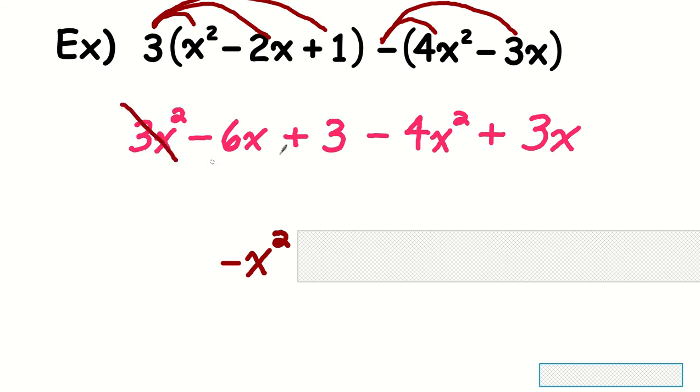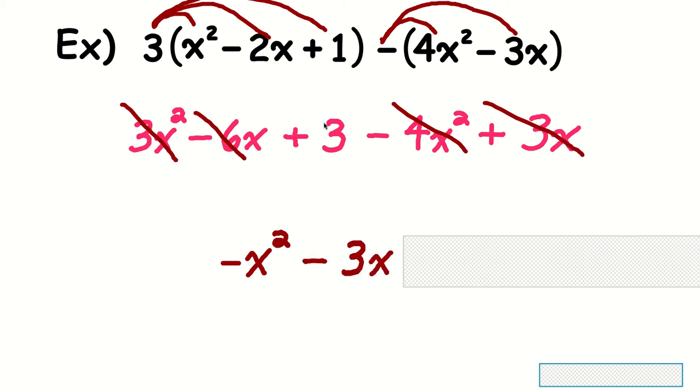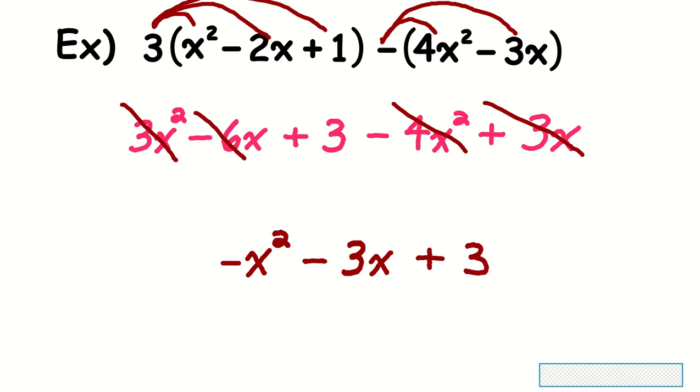Now again, at least mentally, you have to keep in mind what you've already taken care of. So how about this term? Will this combine with anything? This -6x, it's not just 6x, it's -6x. Yeah, -6x plus 3x makes -3x. And then obviously this term, there's nothing for this to combine with, so bring it on down with the +3. All right, which of course is in standard form.